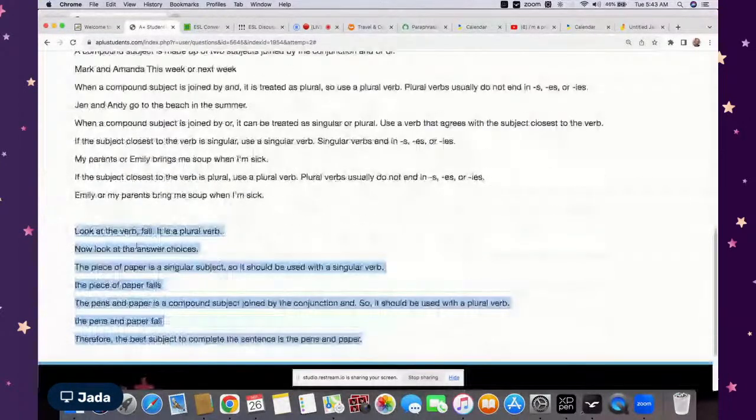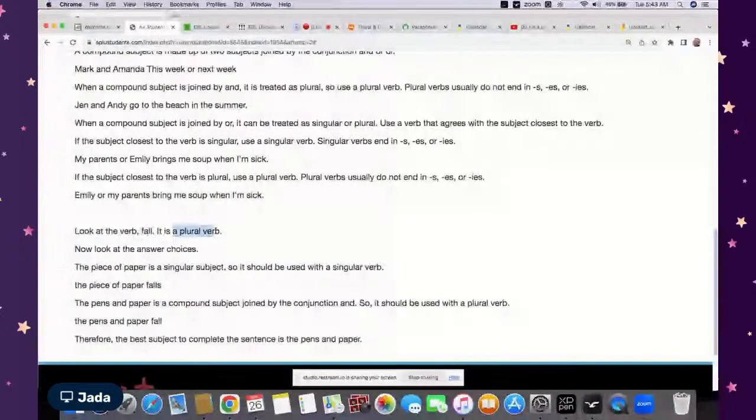So like I said before, "fall" works like a plural verb because it doesn't have S-E-S or I-E-S. But if you pick the piece of paper, the piece of paper is a singular subject, so it should be used with a singular verb.